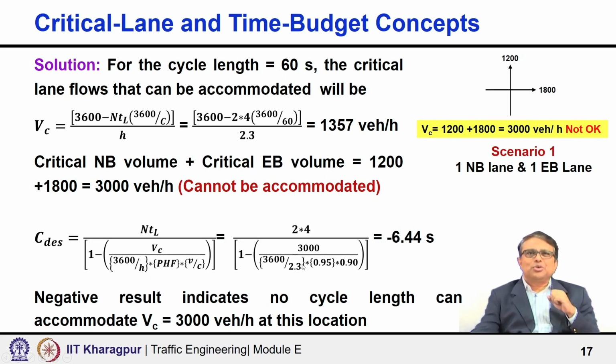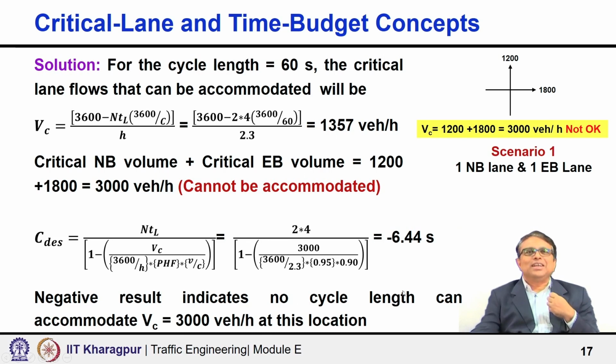Then second, what are we trying to do? We are trying to see, if my critical volume is 3000 vehicles per hour, then what will be my design or desirable cycle length? You calculate it, you get a negative value, minus 6.44. What is this negative value indicating?